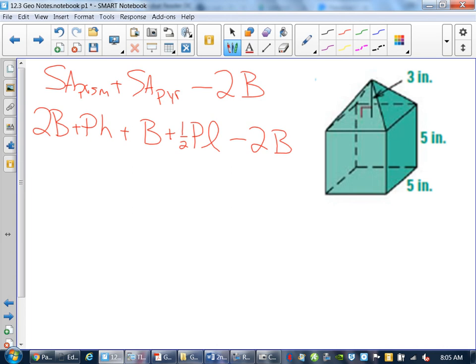So before I start filling in all my blanks, I know that these two simplify themselves out. Because I'll have two squares at the front end, I have to subtract out two squares at the back end. It gives me 0.